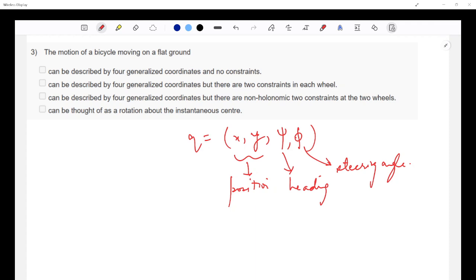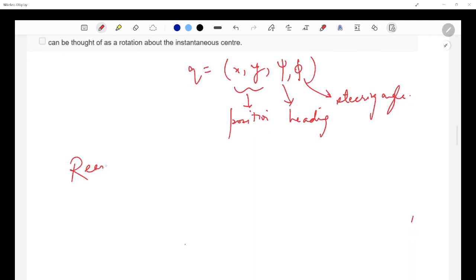Second thing, each wheel has a no slip constraint. So for the rear wheel, it is x dot sin psi minus y dot cos psi is equal to 0.